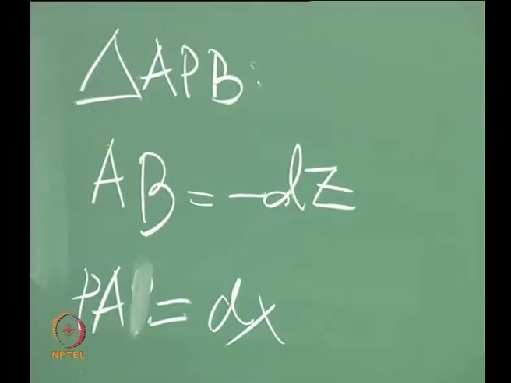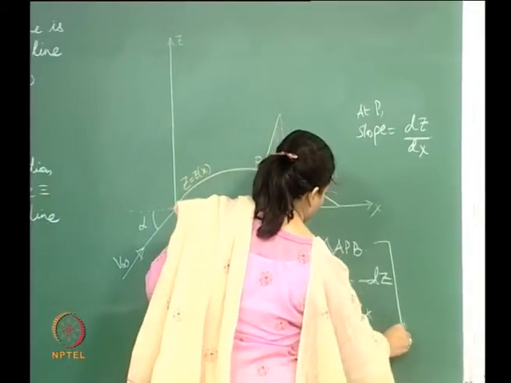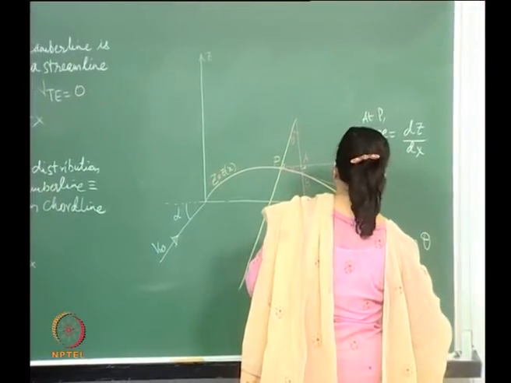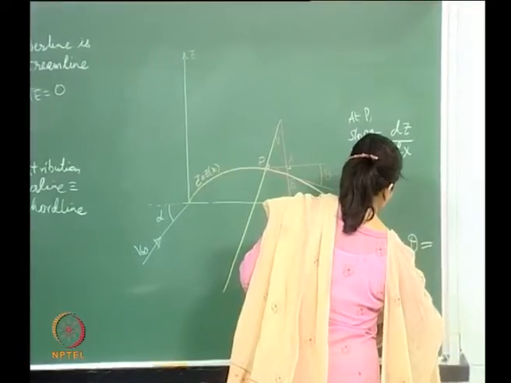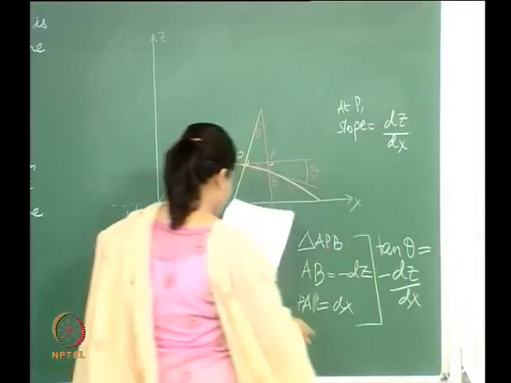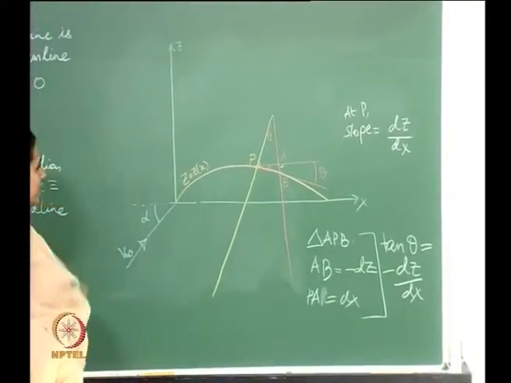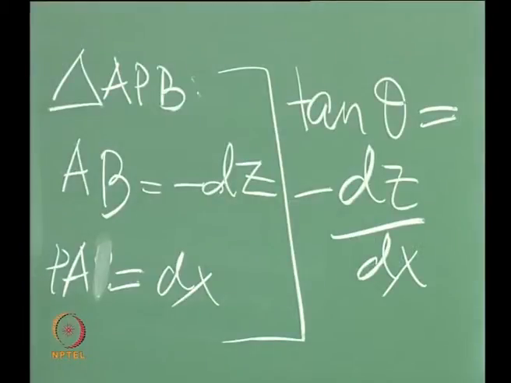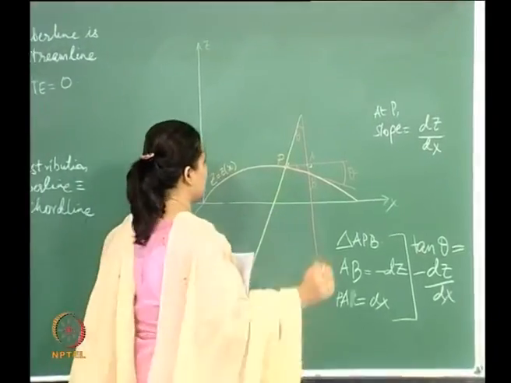Therefore tan theta is equal to minus dc by dx.